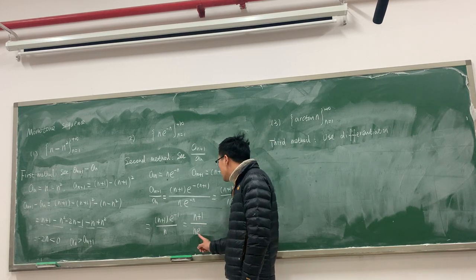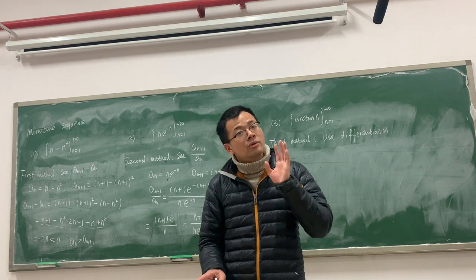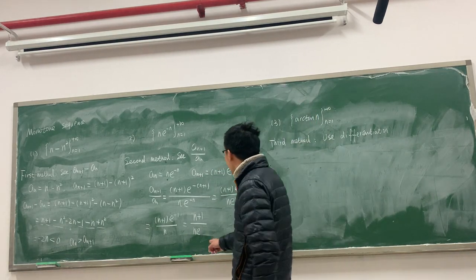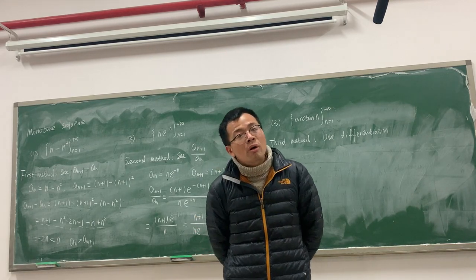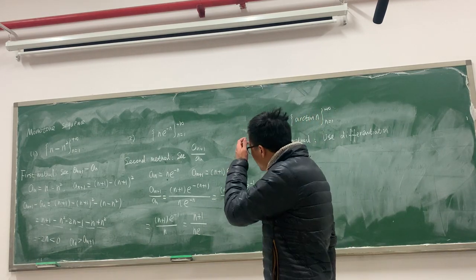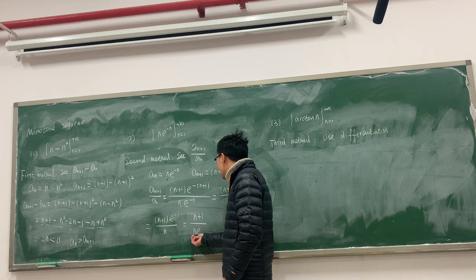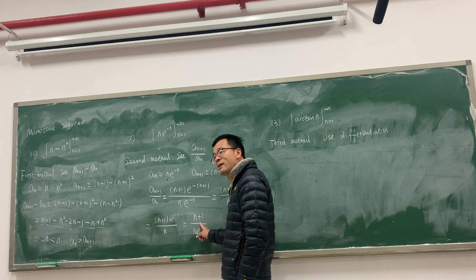So here now we can see ne. e is approximately equal to 2.7. So here actually it is 2.7n, and here is n+1. So n+1 and 2.7n, which is greater? Of course the denominator is greater than the numerator.